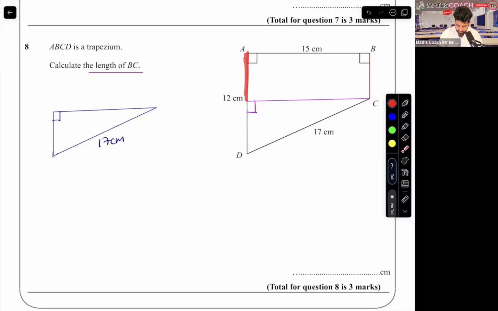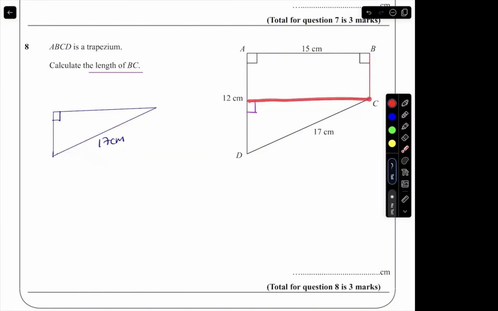However, I don't know what this length is right now, obviously, but I need two lengths. I've got one of them. I need to find one more length before I can apply Pythagoras' theorem. What about this length? What would that be? It's going to be 15. Very good. That would be 15.